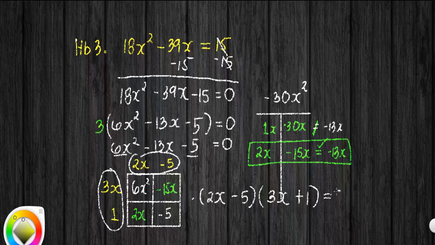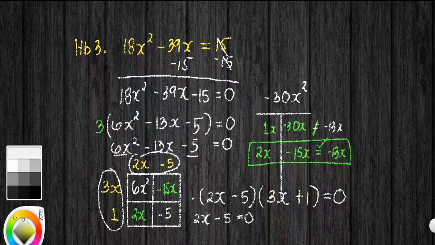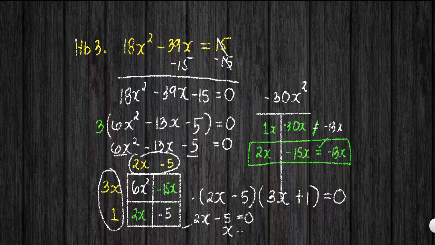Now, we want to solve for the value of x. First, for the factor 2x minus 5, we let it equal 0. So 2x minus 5 equals 0. To find the value of x, I add 5 to both sides and then divide by 2. That results in x equals 5 over 2.